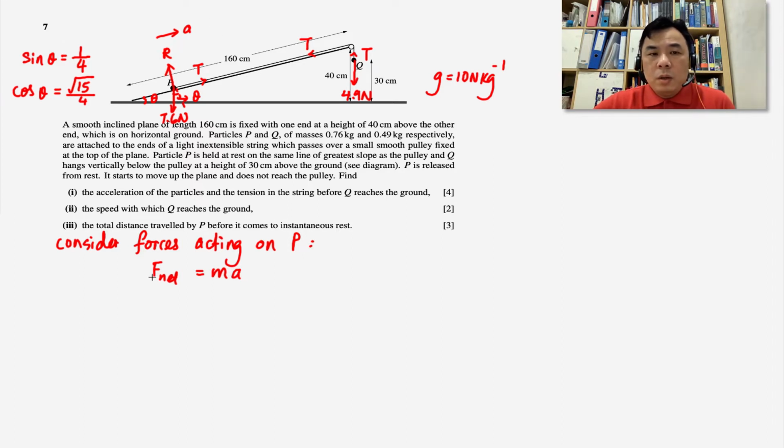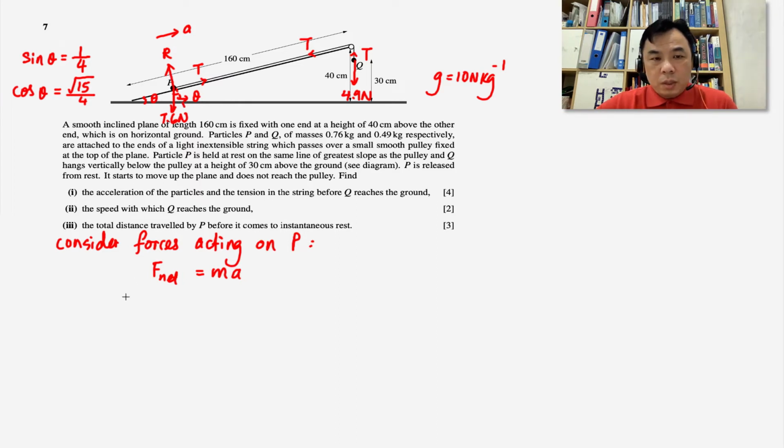So therefore, our resultant force or net force acting on the particle P would be, we can see that there's one force acting upward, T, and then there is another force due to gravity acting downward. But you have to resolve the downward component here.